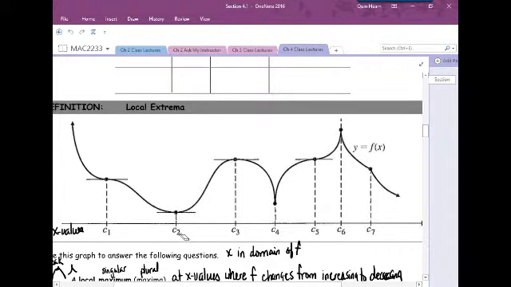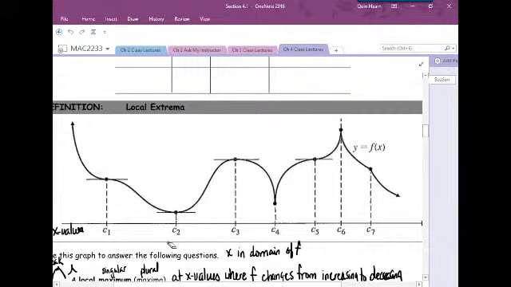Does anyone want to type into the chat bar an example of an x value where we have a horizontal tangent line? Good.